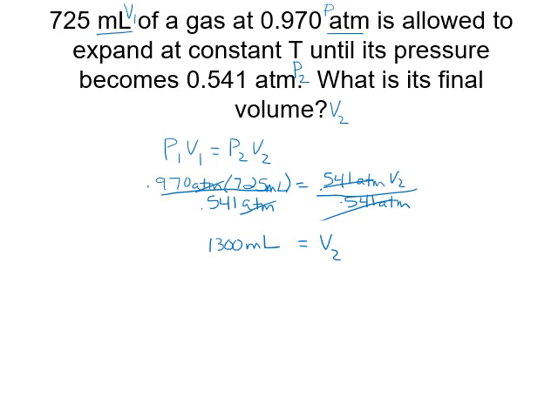Technically, if I'm going to be correct on sig figs, this should be a 3 sig fig answer, which means it should be 1.30 times 10 to the third, so that I make sure that last zero is not seen as being significant. Okay, so if I want to do a check on this, the pressure decreased in this case, and I know that pressure and volume are indirectly proportional, so the volume should be increasing. And it went from 725 to 1,300, which is an increase, so this is a reasonable answer.